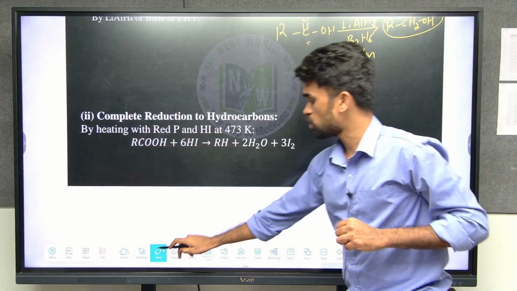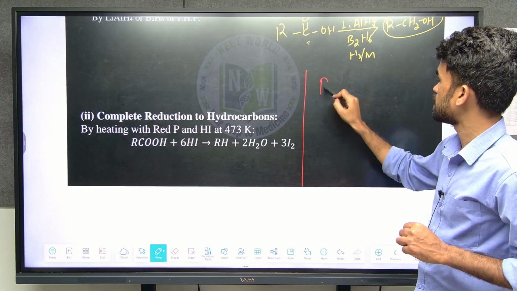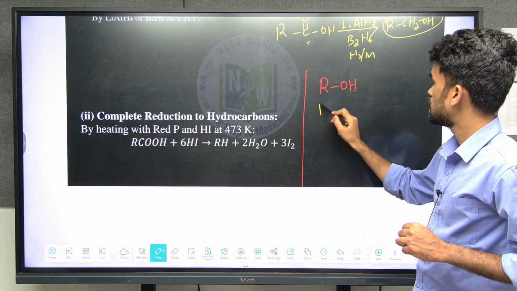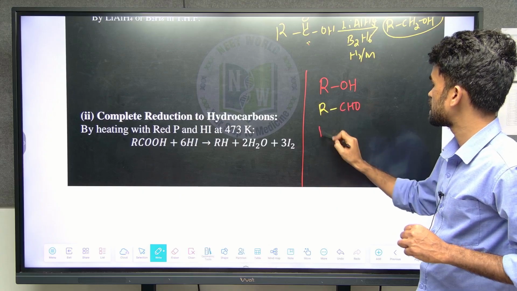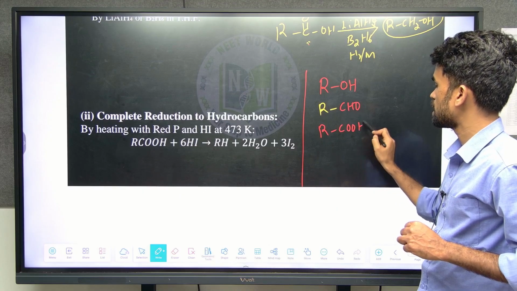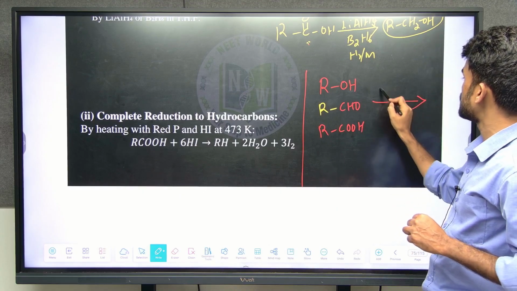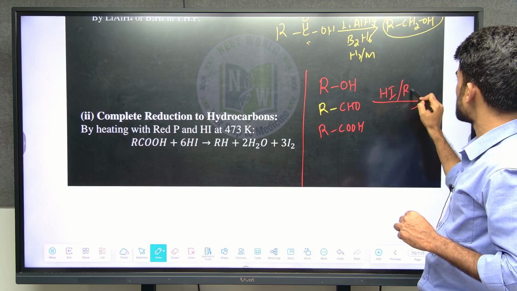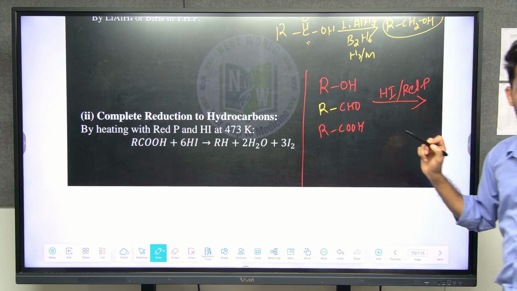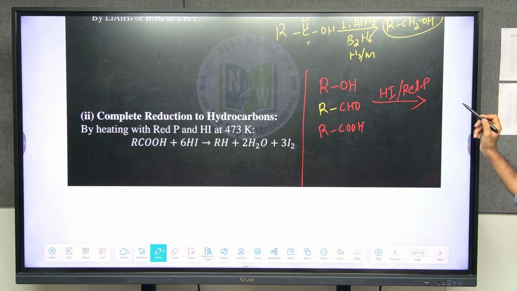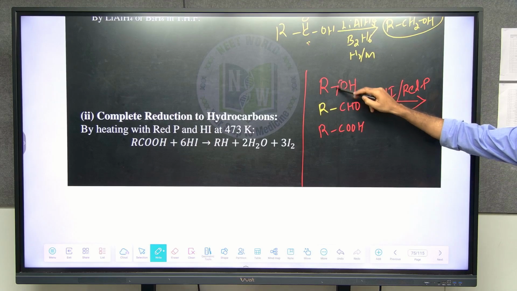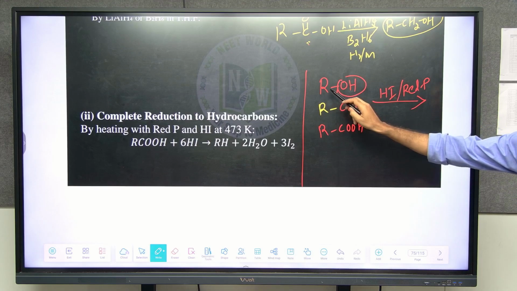See, in the hydrocarbon chapter we have studied something like this: whether it can be alcohol, aldehyde, carboxylic acid, or ketone. Upon treating with HI and red phosphorus, what is the product formed? Respective alkanes. Remove the OH groups, everything. How many carbons are there?